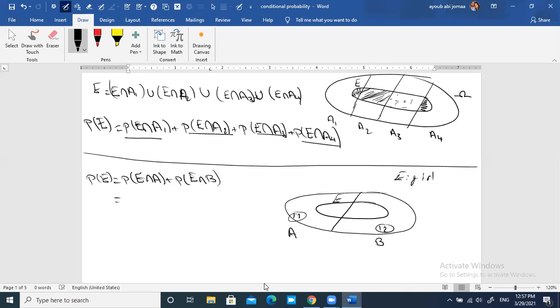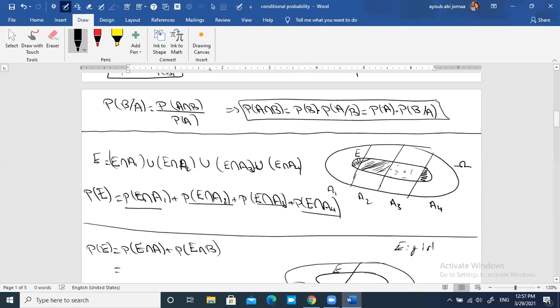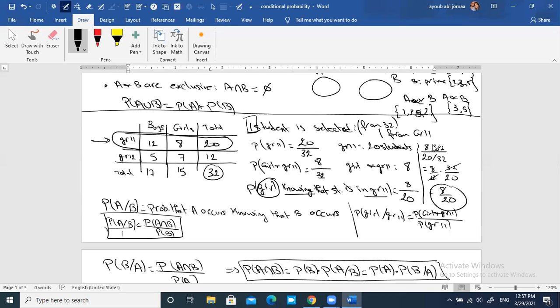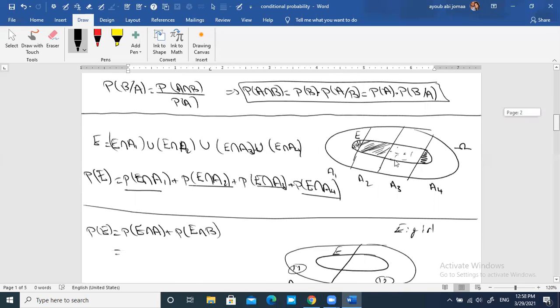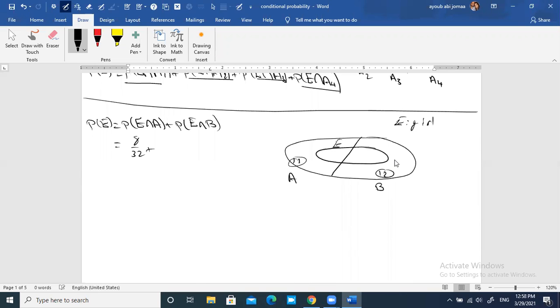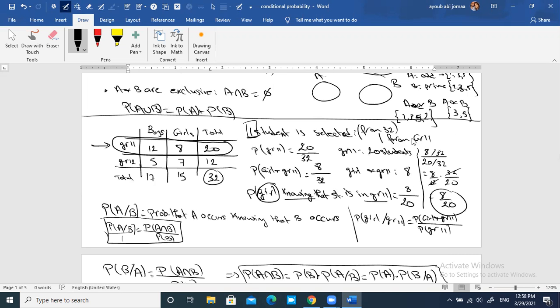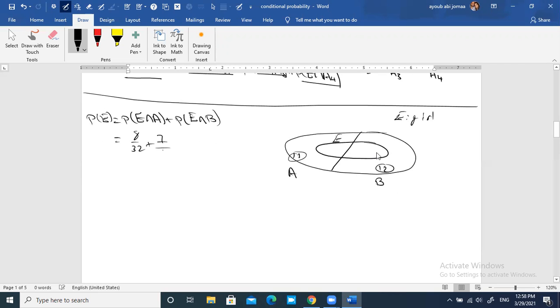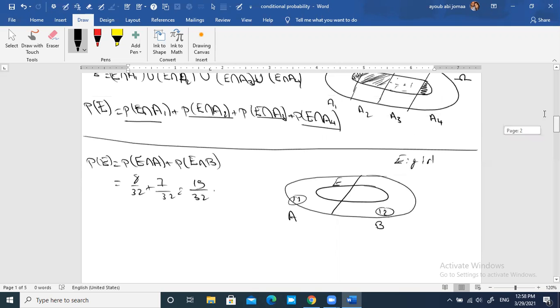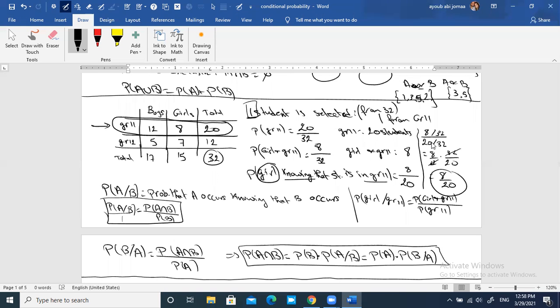If we take the numbers we have: girl and grade 11, we have 8, so 8 over 32, plus girl and grade 12, we have 7, so 7 over 32. The answer is 15 over 32, and this is the probability of a girl. Girls, we have 15 over 32.